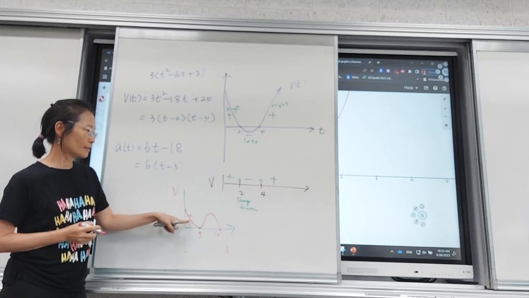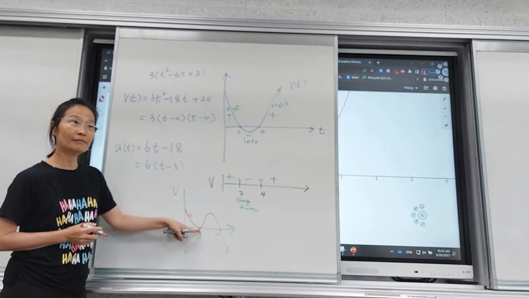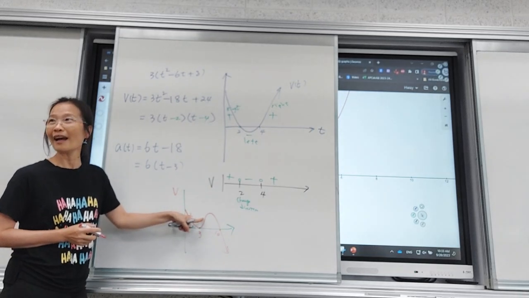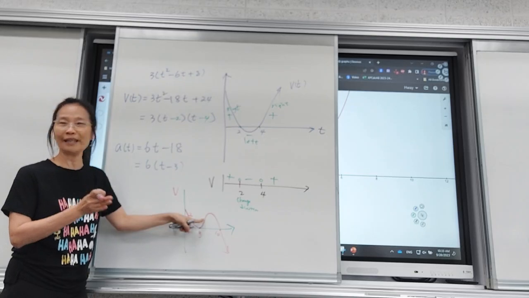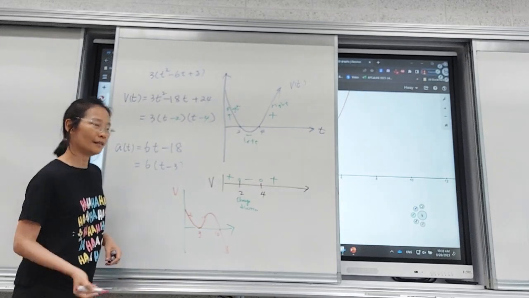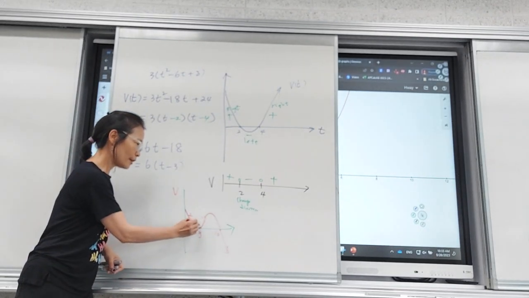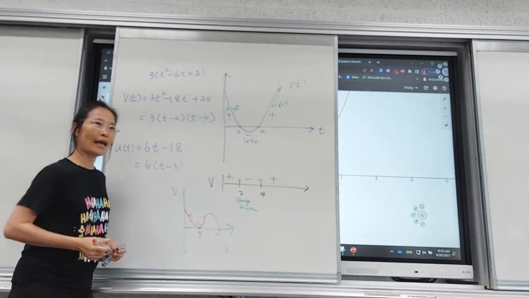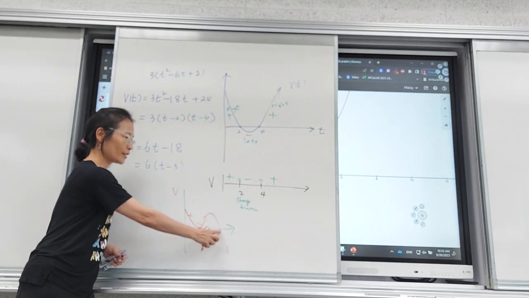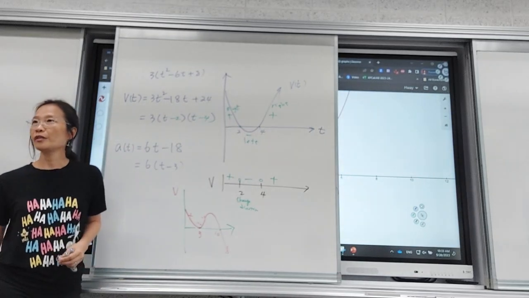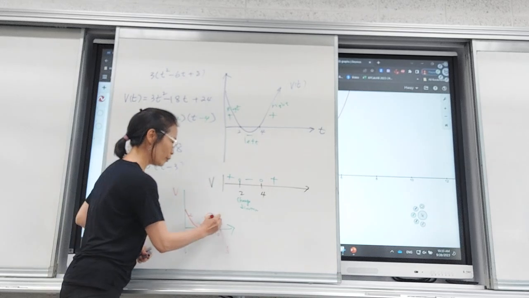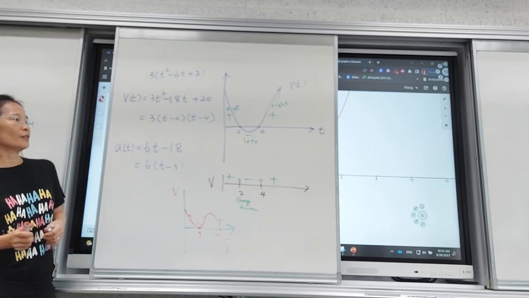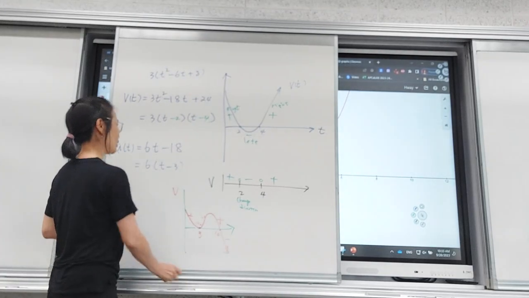I'm moving to the right, and I stop. Velocity is 0, and then continue to move to the right. I'm just stopping, and then I move to the right again. So although velocity is 0 at this point, you're not changing direction because the sign doesn't change. See that? Only when t equals 10, the particle is changing direction, because it originally moved to the right, now you move to the left. So the sign has to change for the particle to change direction.